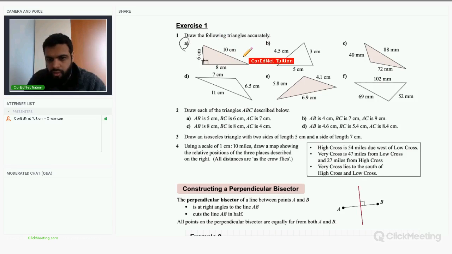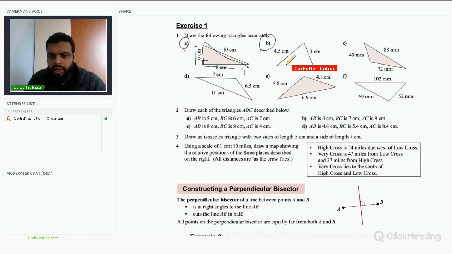You can just measure them all out. So don't worry too much about question A, it's not that difficult. Once you've got that length there, you can just join it up like that. Just make sure you get exactly a 90-degree angle.